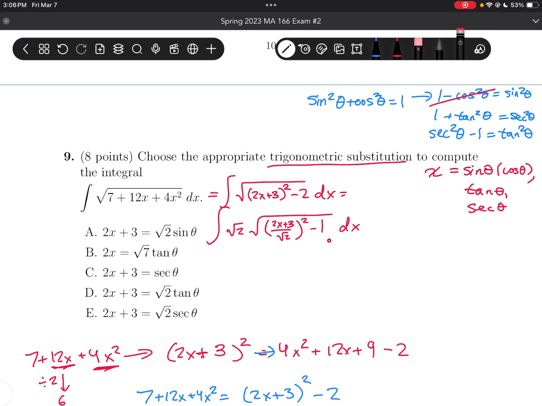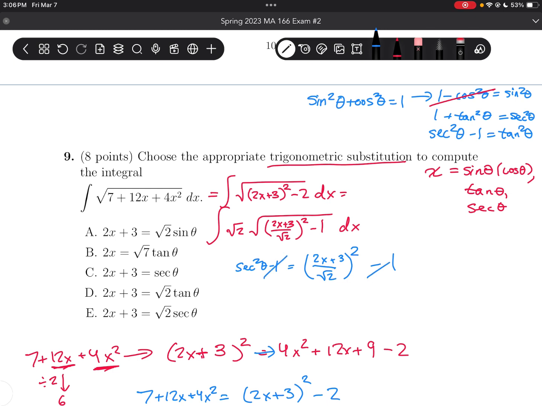So that means I want this expression to equal secant squared theta minus 1. So secant squared theta minus 1 should equal ((2x plus 3) divided by root 2) squared minus 1. So that's how I go through that process.